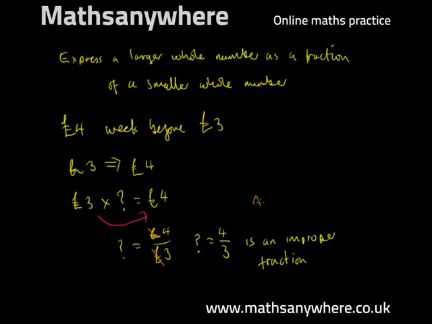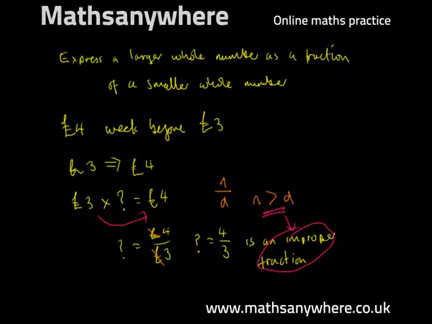If we say that a typical fraction is numerator divided by denominator, and that's the case, we're dealing with an improper fraction. We don't have to write a top-heavy or improper fraction like we have done here, 4/3.